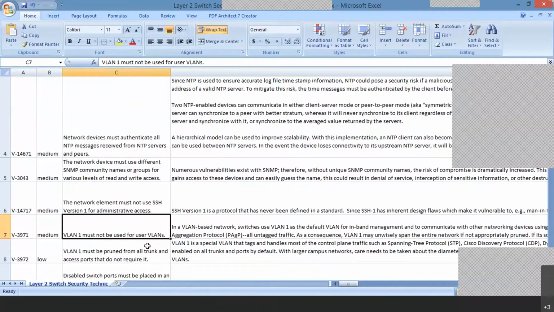VLAN 1 is a default VLAN used for communication with other network device management, so it should not be used. As a best practice, you should always disable it. Coming to the next one.